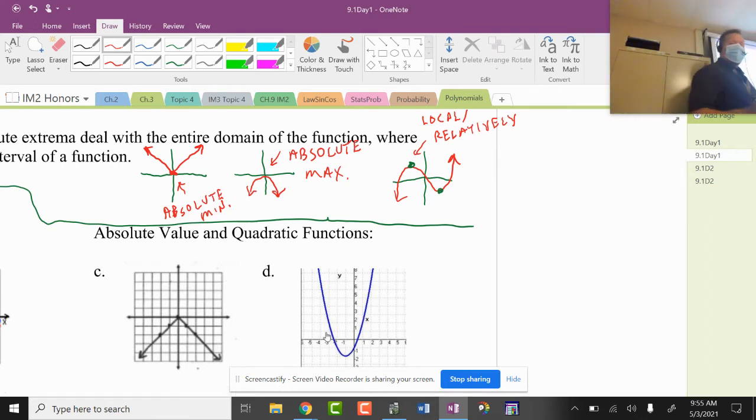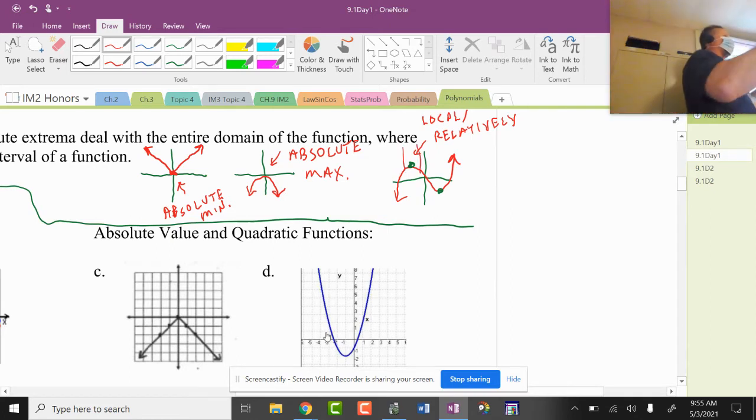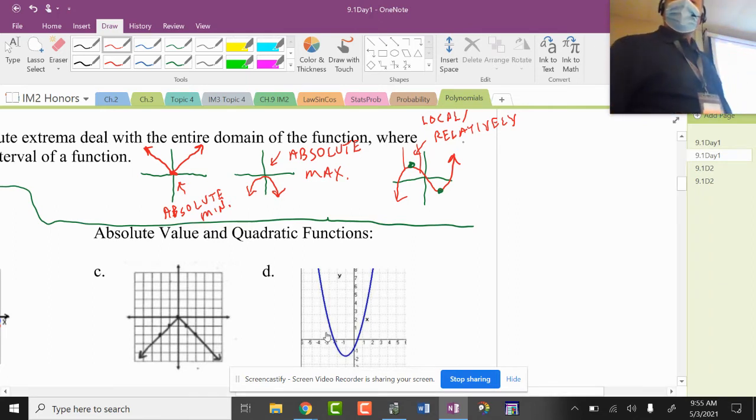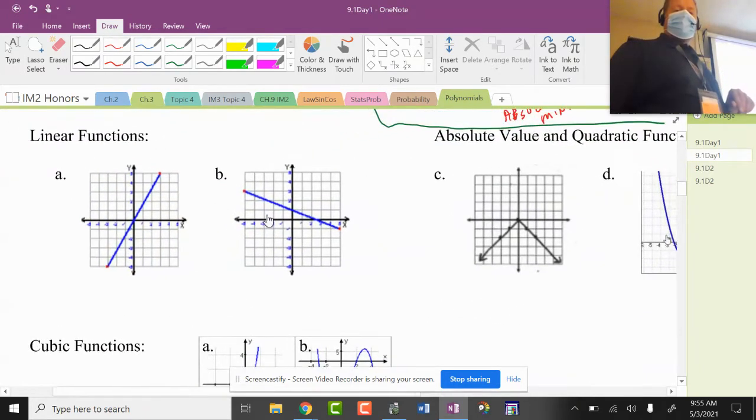Well, this is a relative minimum relative to this little area of the graph and not looking at other areas of it. Or locally speaking, this is the relative maximum. And this is the relative or local minimum because there is a lower point than that in the graph overall. Okay? So local and absolute, understanding those two things.